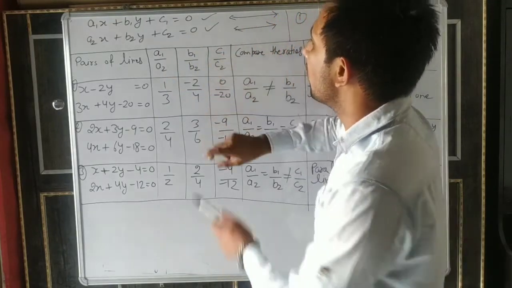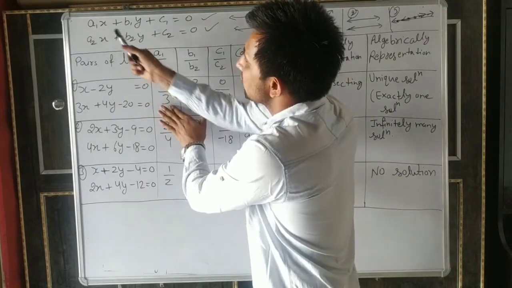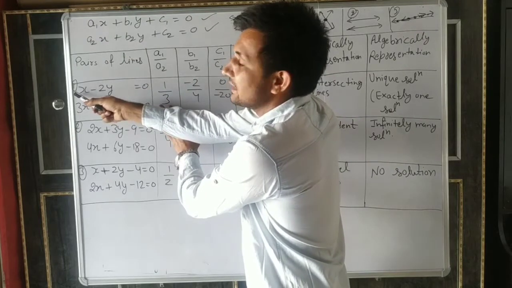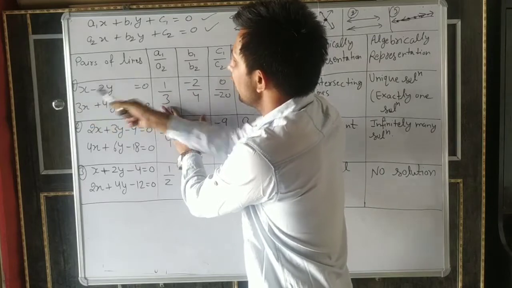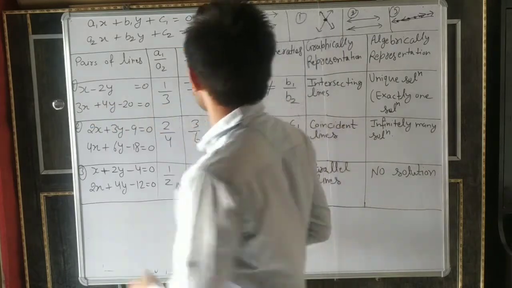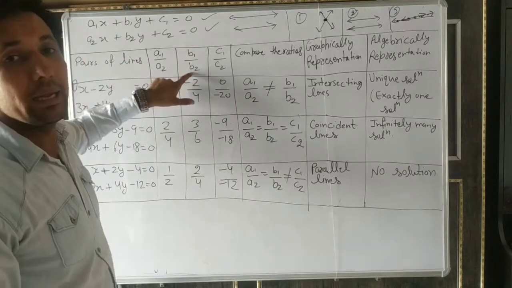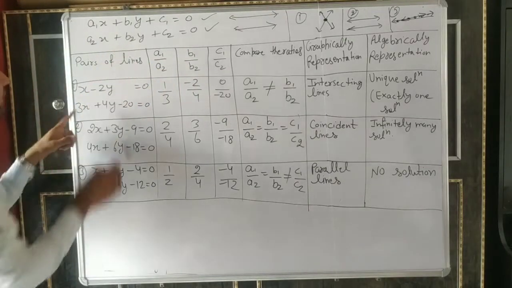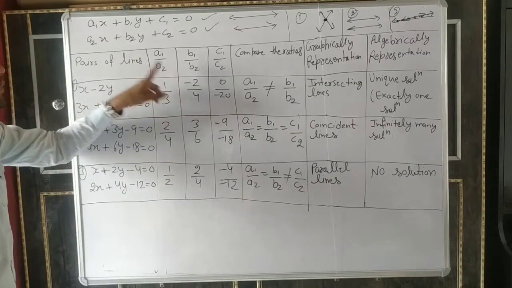We only have to find A1 divided by A2, B1 divided by B2, and C1 divided by C2. Look here, how much is A1? A1 is the coefficient of x, and x is multiplied by 1. A2 is 3. So 1 upon 3. Now B1 by B2. B1 is the coefficient of y, multiplied by minus 2.